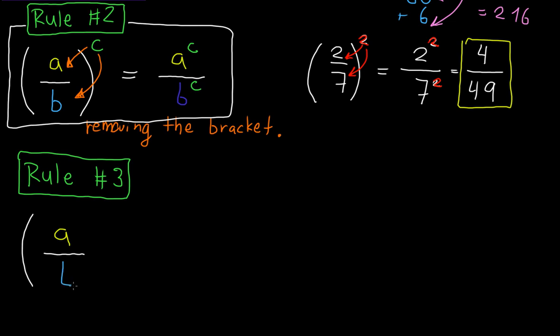Here's the blue. And I go with a negative C. It's a negative exponent of a fraction. Okay? Good. The trick is that when we have a minus sign and it's a fraction, we can remove the exponent, one way of explaining it, by exchanging the places of the numbers.